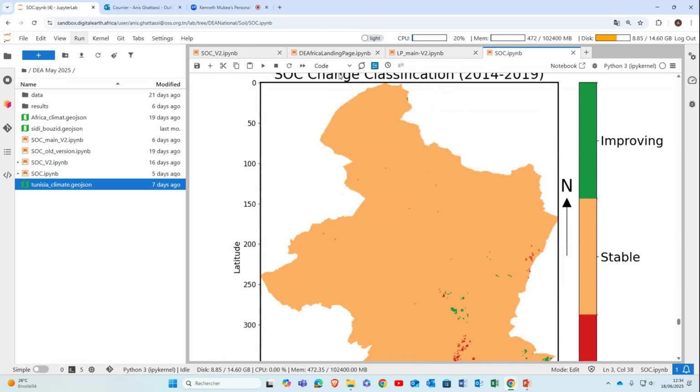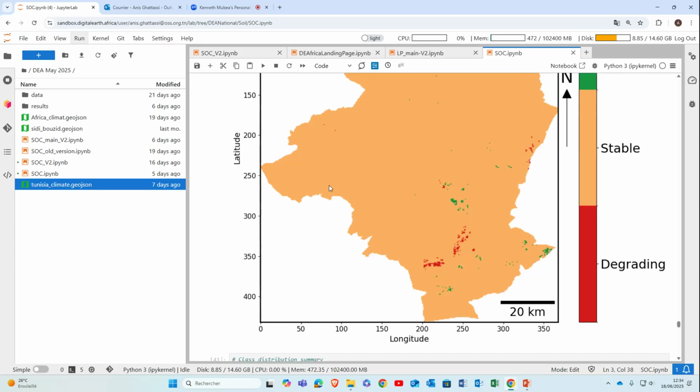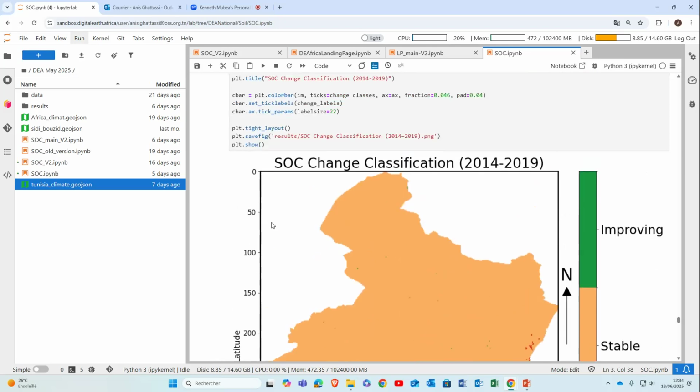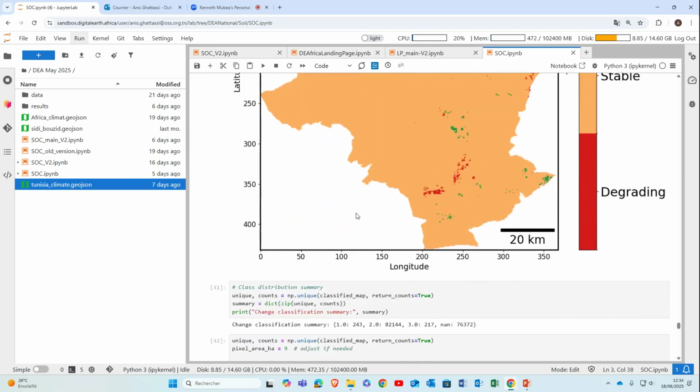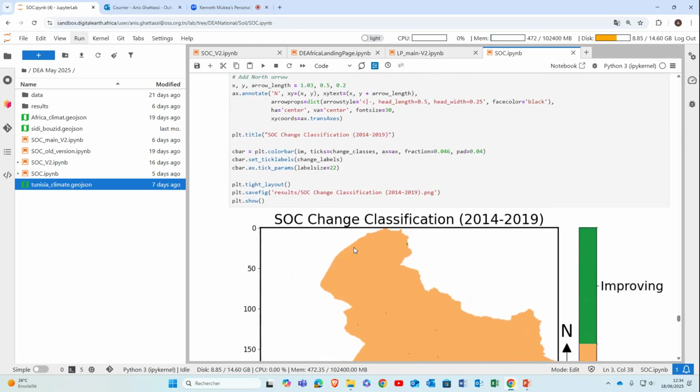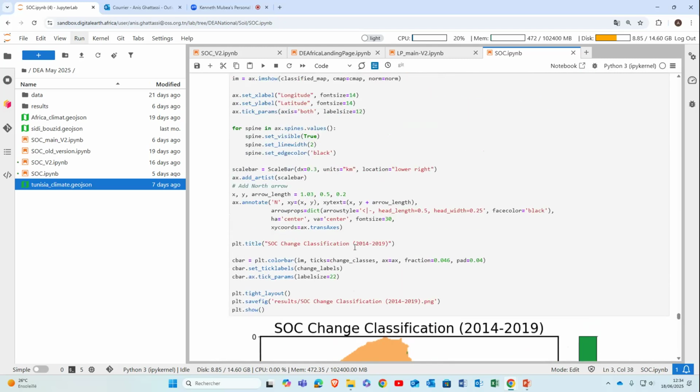occupying almost all the areas of Sidi Bouzid, our region of study. So this is the final map that shows these changes of soil organic carbon, always, as I said, based on a formula. This formula is based on the calculation of the difference between the soil organic carbon for the target period and the soil organic carbon for the baseline period, divided by the soil organic carbon obtained for the baseline period.